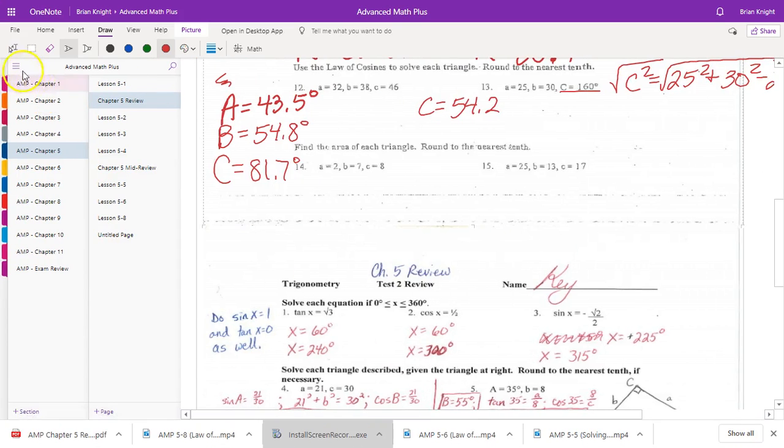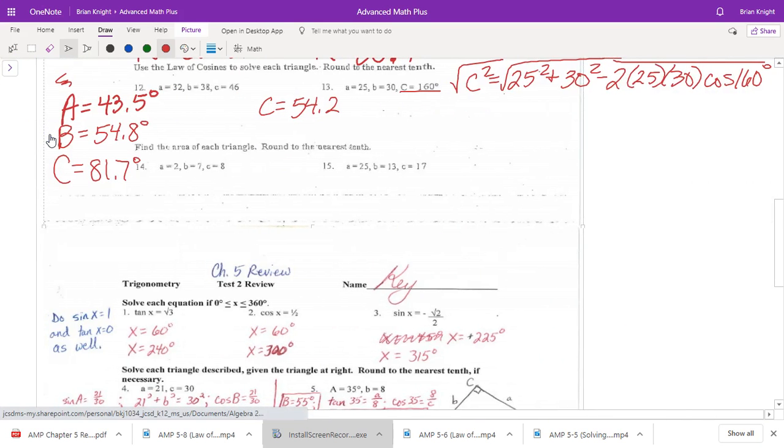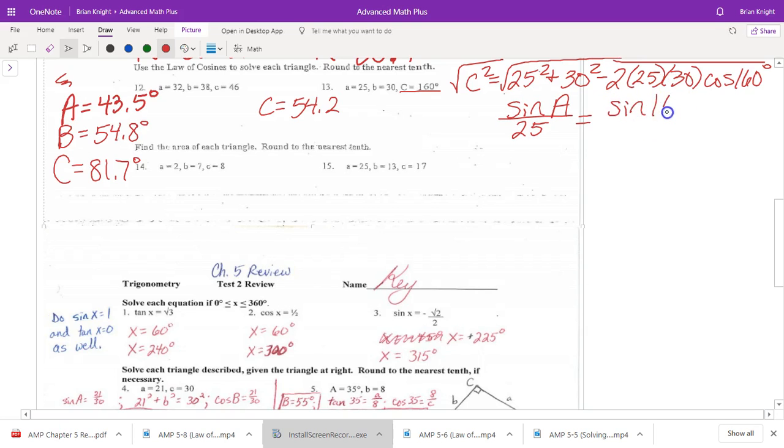Now that we have side C and angle C, we can use the law of sines to find angle A and angle B. I'm going to find angle A first. The sine of A over side A, which is 25, equals the sine of the angle we know, 160, over 54.2. Again, angle C, side C, we know both.